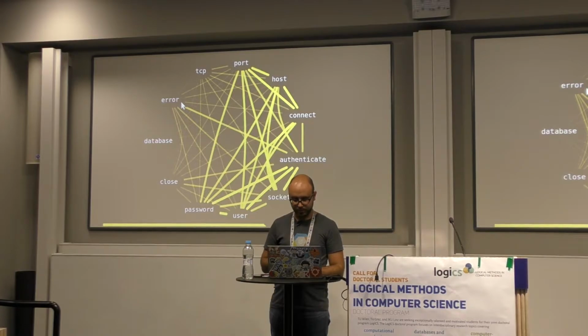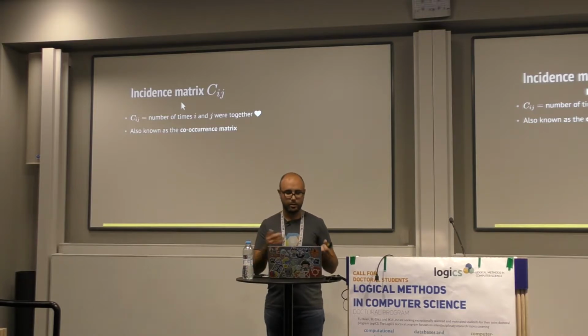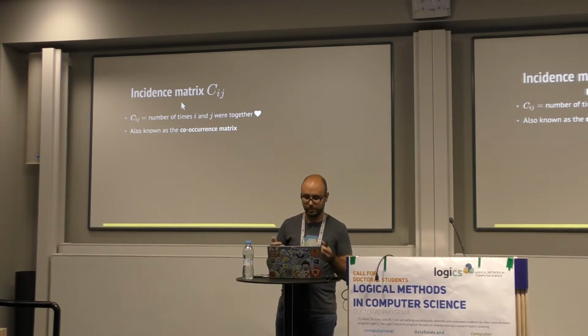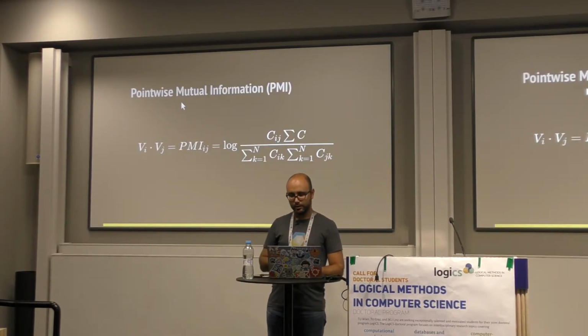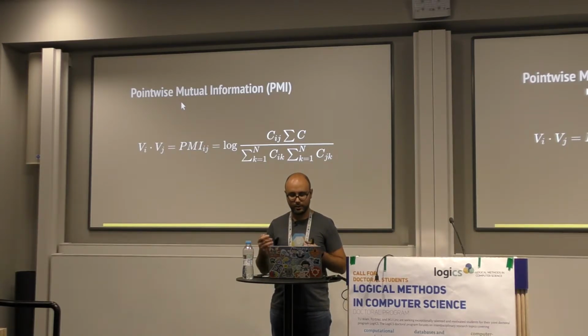And this graph can be represented as an incidence matrix, which is called the co-occurrence matrix in some papers related to machine learning and embedding on explicit matrix. And it is proven that the regular word2vec does the same thing as an explicit embedding algorithm.